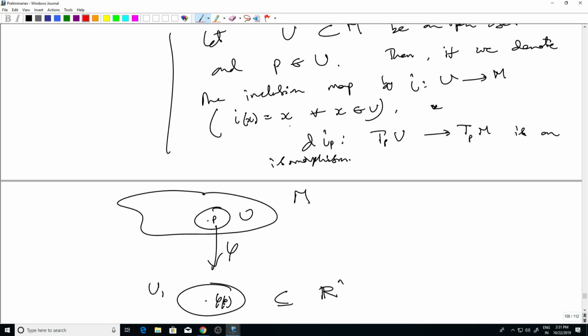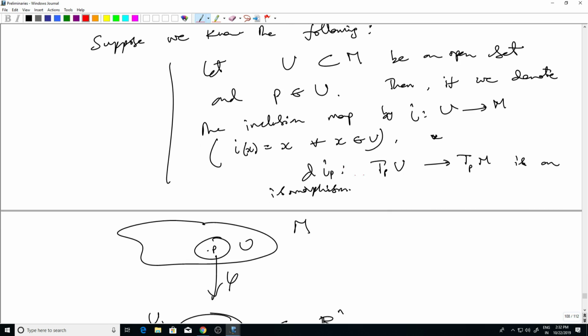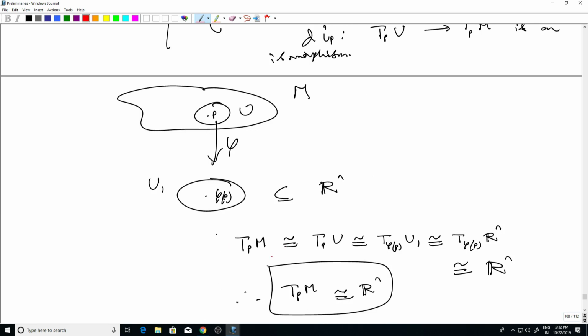So we had to prove that if you have an open subset of a manifold, and a point inside that, then the tangent space to the open set at that point is the same as the tangent space to the manifold at that point. Assuming one had this, then one has this series of isomorphisms.